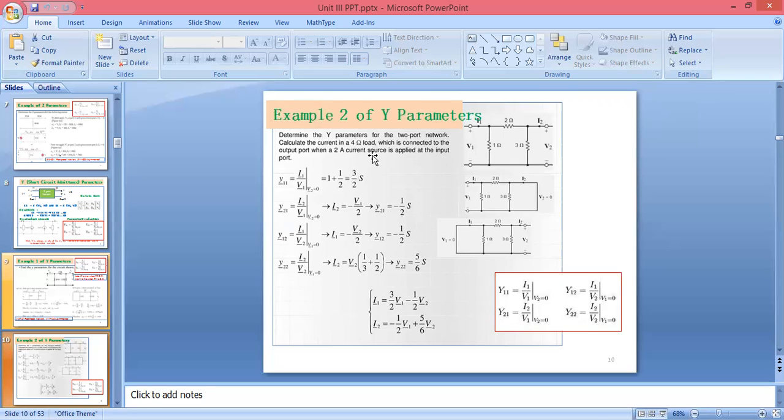And when a 2 ampere source is applied at the input, they have given the current value, 2 ampere.